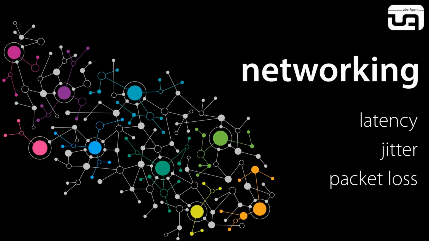Okay, now moving on to yet another topic, networking. UberAgent has been monitoring the machine's network activity for a long time, but in the past we used a technology called ETW, or event tracing for Windows.